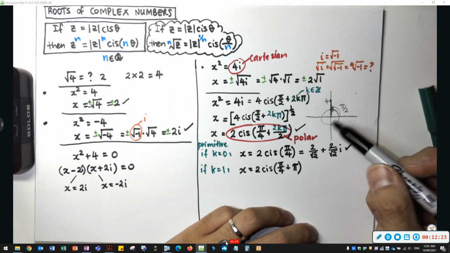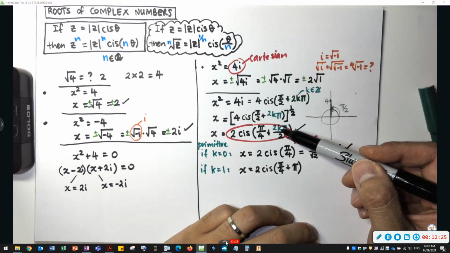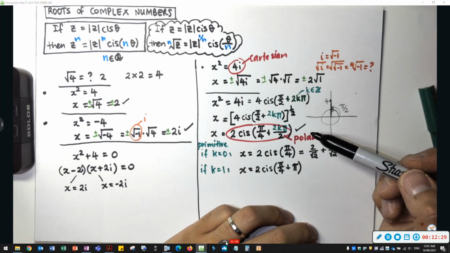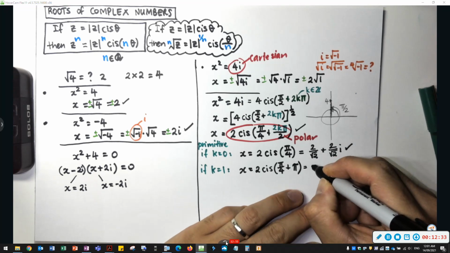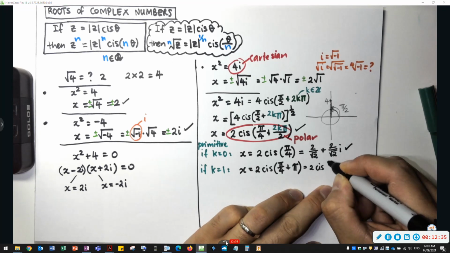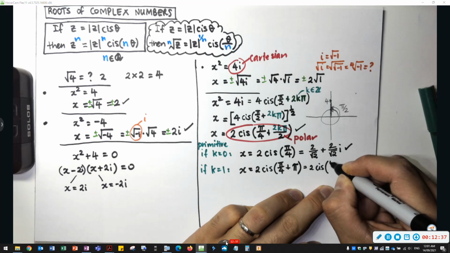Okay, so we just double check that. Substitute 1 into there. The two 2's cancel each other out, so we just get pi. So this just turns into 2 cis 5 pi on 4.